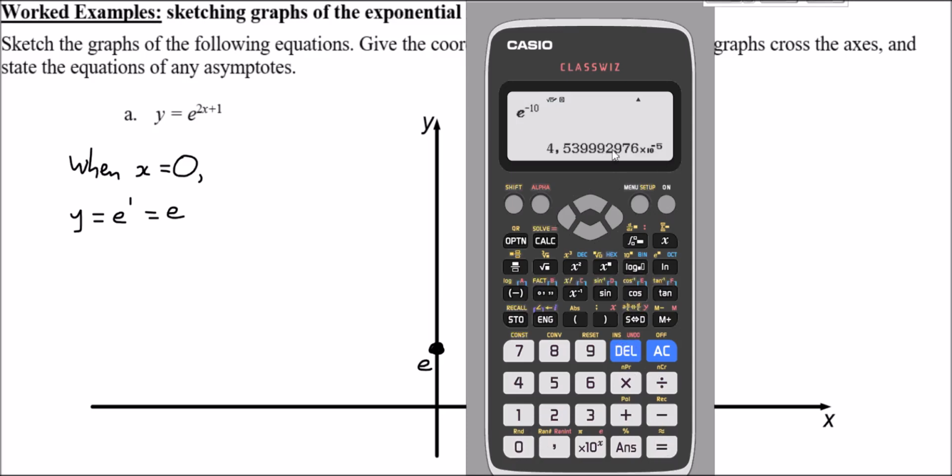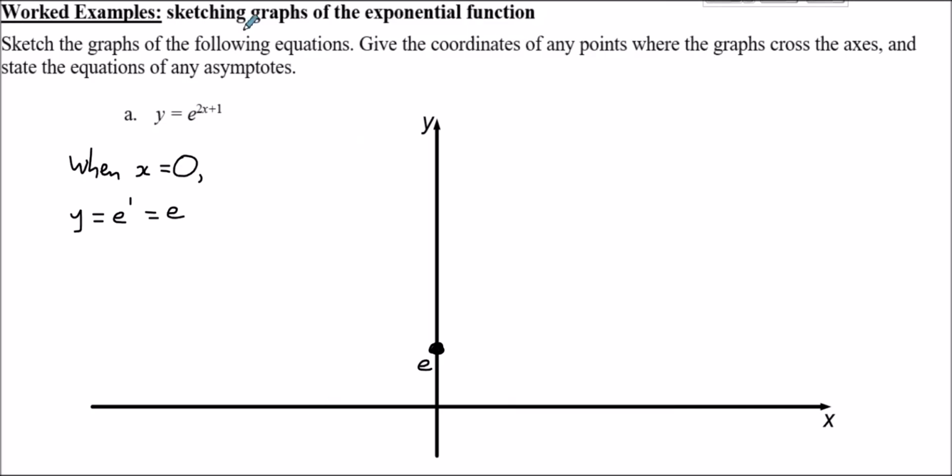If I try something a bit less, look, minus 5, minus 44, it's going to get so close to 0, but it can never get less than 0. And so an asymptote here is the line y equals 0.